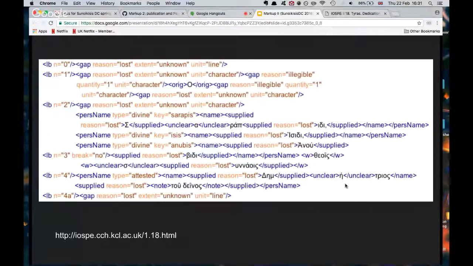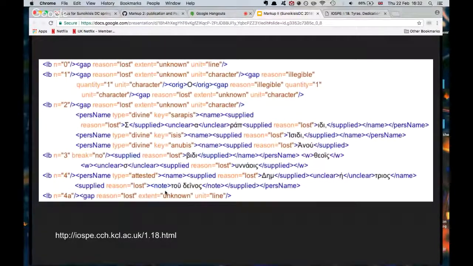Then we have the unclear eta, and then the rest of his name, trios, is what we actually have on the stone. So that's the person's first name. And then the rest, we don't know, but we know that according to the Greek naming convention, there would have been something there. So we've put a supplied rather than just a gap, because we know the second part of his name would have been there if only we had that piece of the stone.